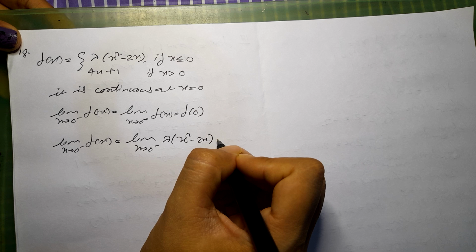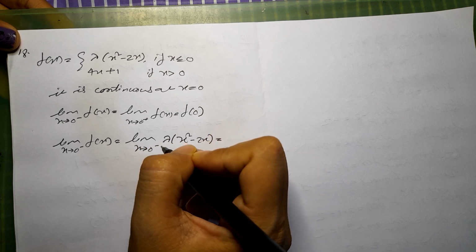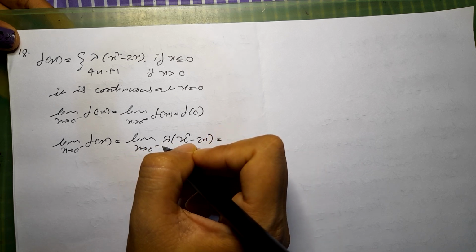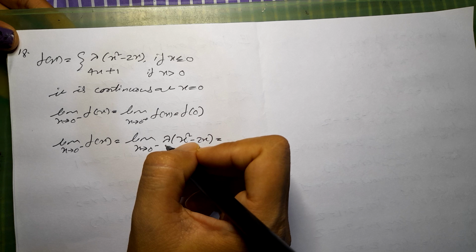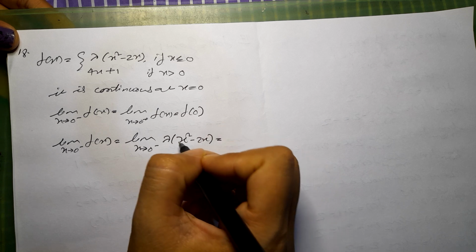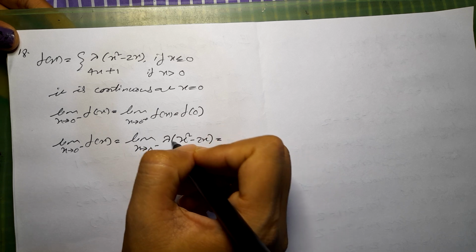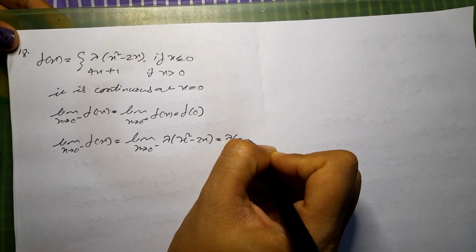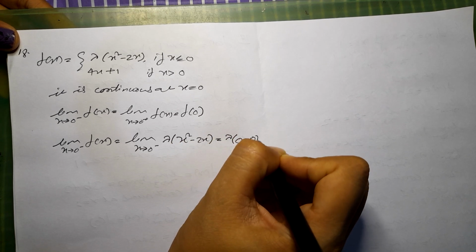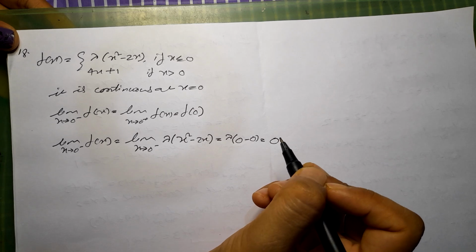Now instead of x we put 0, so it will be lambda times 0 minus 2 into 0, so that is equal to 0.